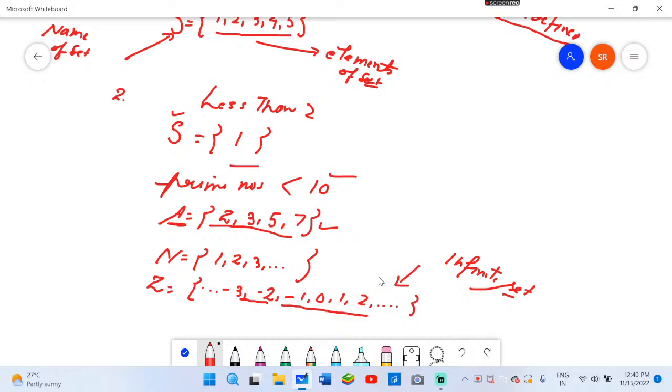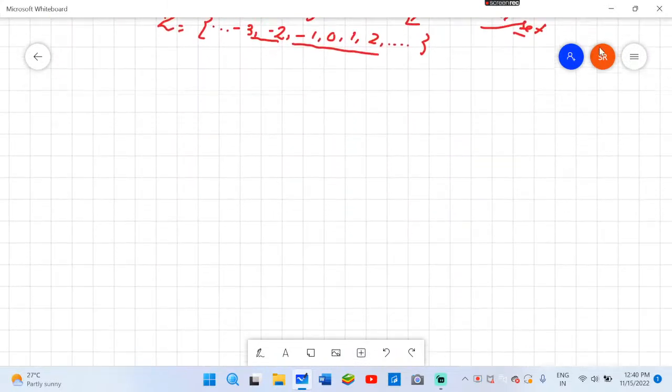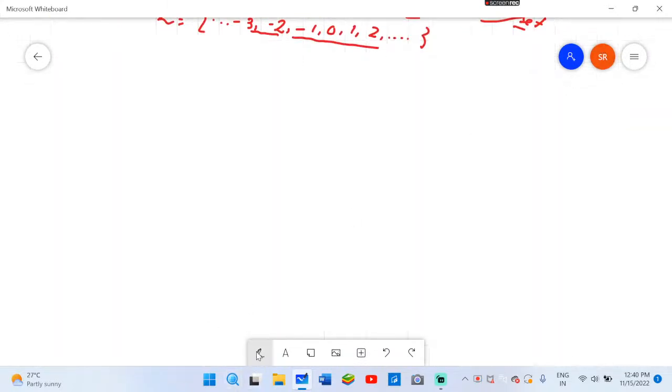So we take some examples now from the book. Which of the following are sets? Justify your answer.